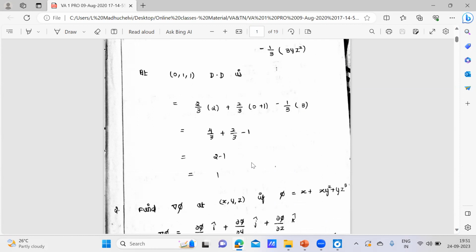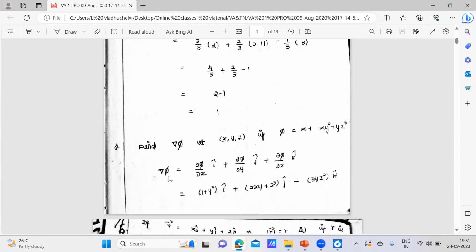Find del phi at (x, y, z) if phi equal to x plus xy squared plus yz cubed. Del phi equals dou phi by dou x i plus dou phi by dou y j plus dou phi by dou z k. Then dou phi by dou x is 1 plus y squared, so (1 plus y squared) i.